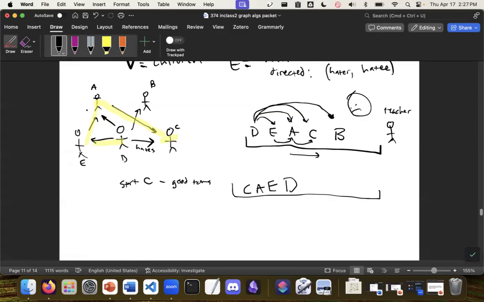But yeah, so the idea is that A doesn't like C. C is ambivalent to A.